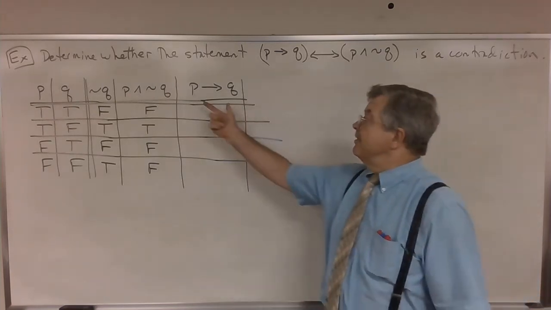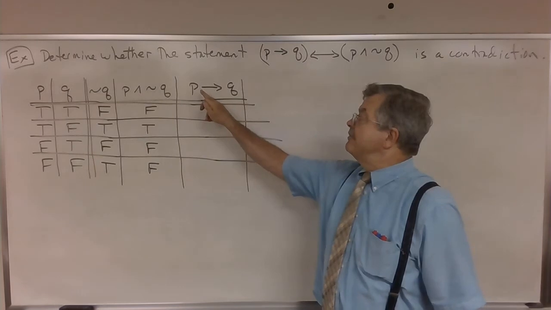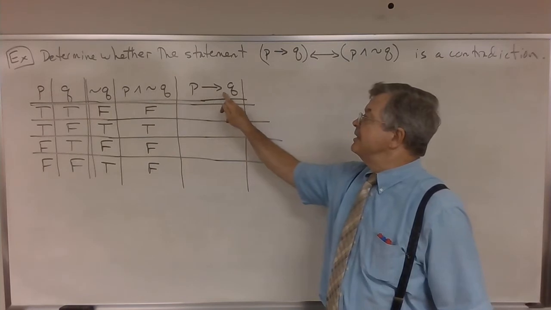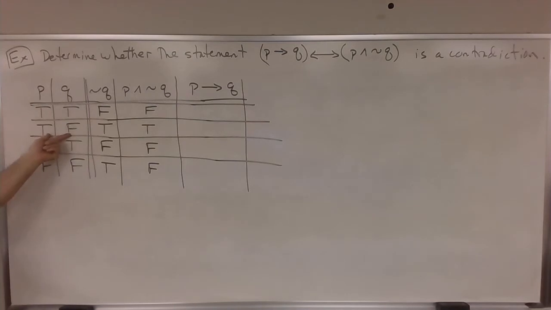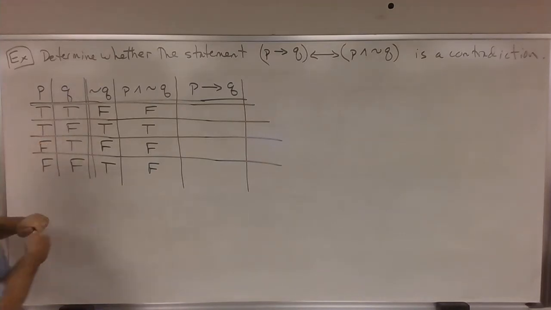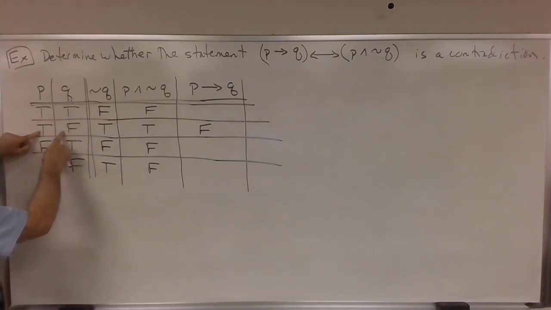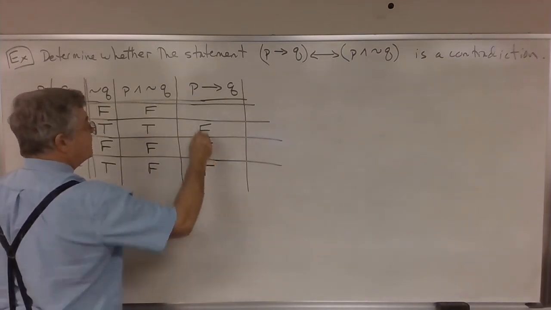Isn't it that a conditional statement is only false when we have a true implying a false? So we're looking for P true and Q false. Do we have it? Yep, right here. P is true, Q is false. And that's the only time that P is true and Q is false. So the statement is false when P is true and Q is false. All the other times it's true, we don't even have to think about it.